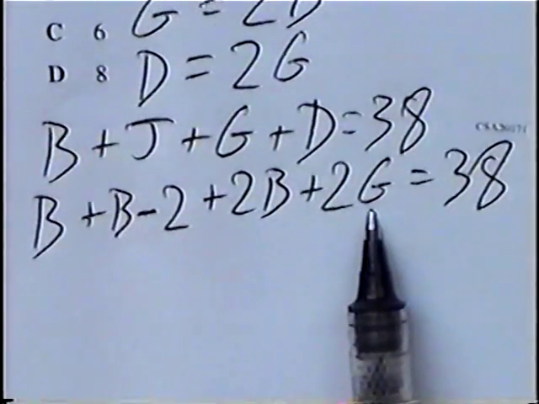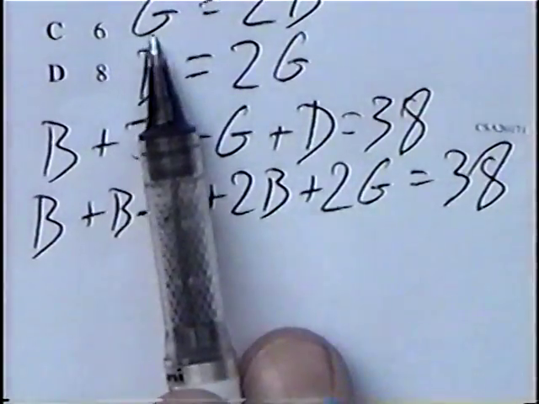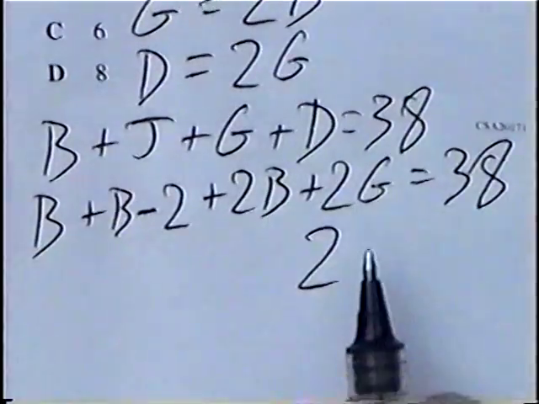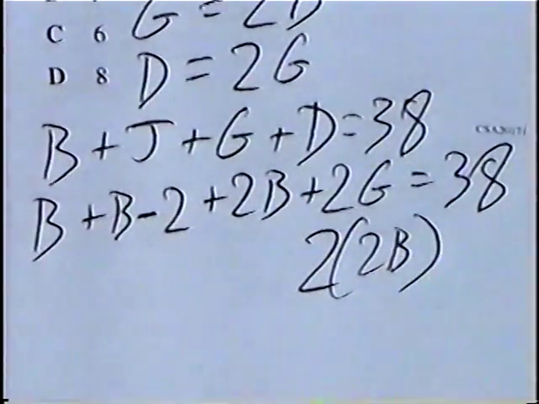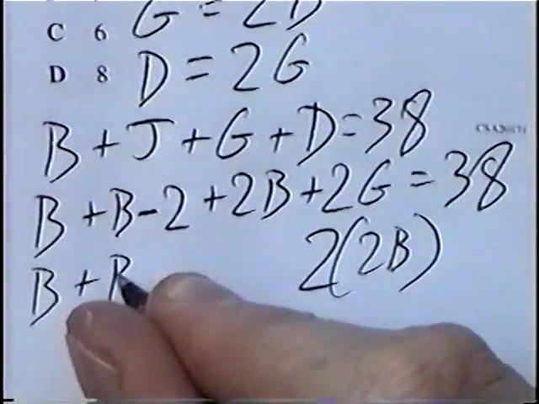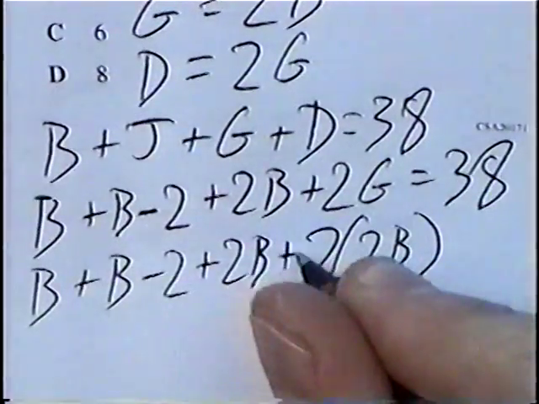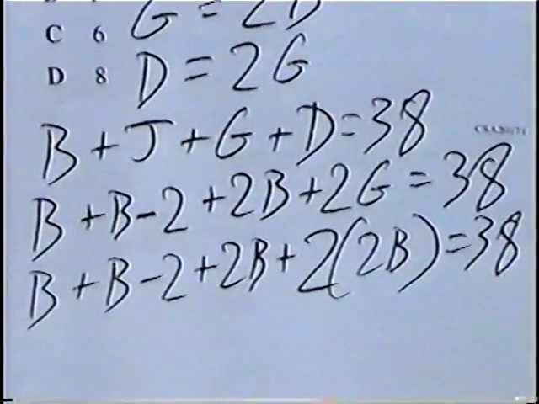The last variable that we have is a g. Looking back at the equations, we also have g is equal to 2b. So 2g, instead of g though, we can plug in 2b, and then we can solve from there. Bringing down the other variables, b minus 2, plus 2b, and plus 2 times 2b equals 38.